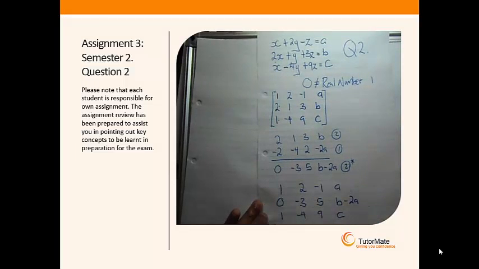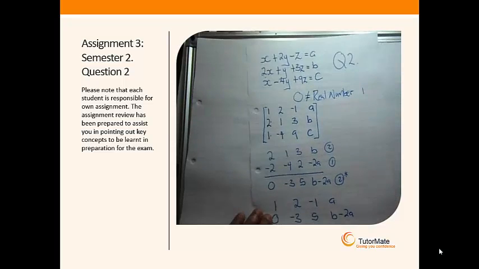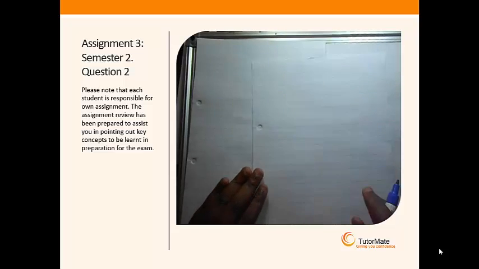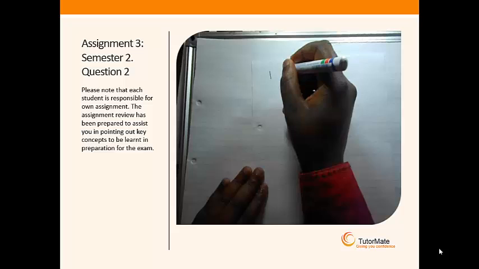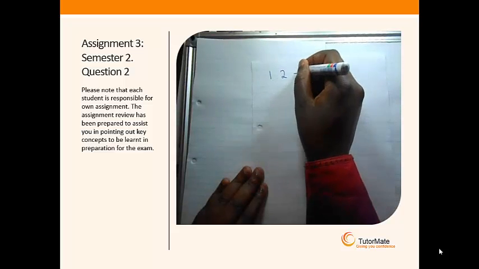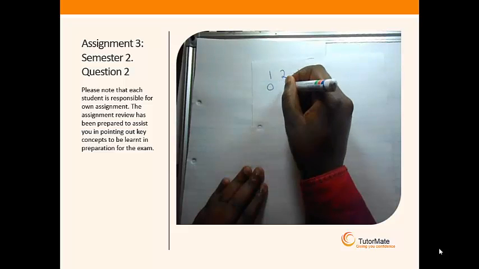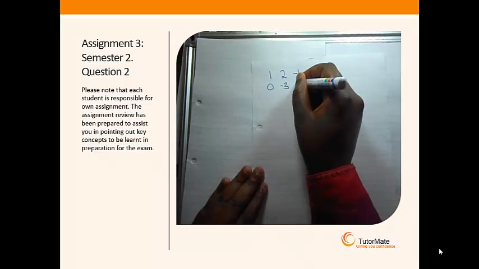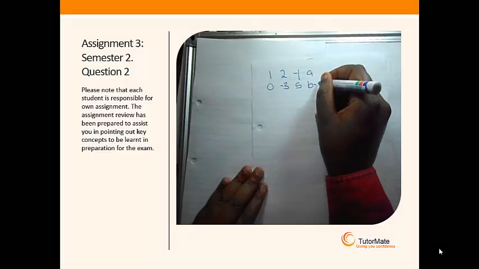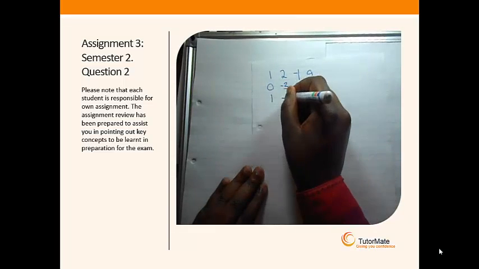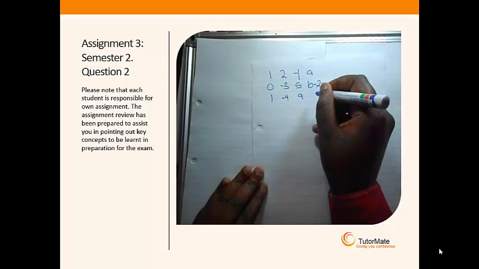So now you are focusing on this 1. You want to turn it into a 0. If you rewrite your matrix again, we had 1, 2, minus 1, a, and 0, minus 3, 5, b minus 2a. Then we had 1, minus 4, 9, and c.